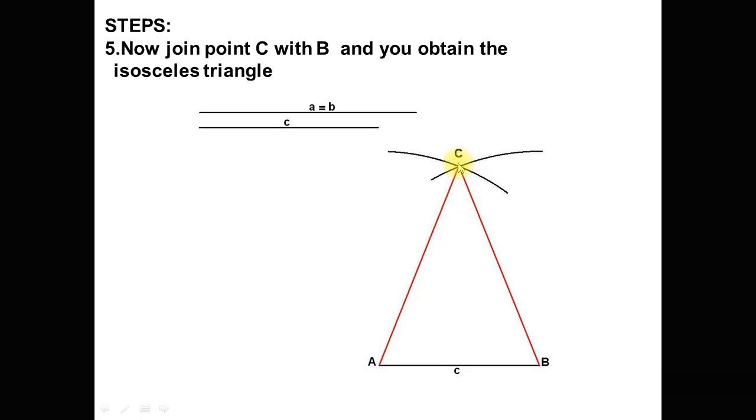These two arcs join each other at this point C, and then join this point C to point A and this point C to point B, and at this stage you will obtain the isosceles triangle, and you can verify that the lengths of the two sides are equal as given in the data.